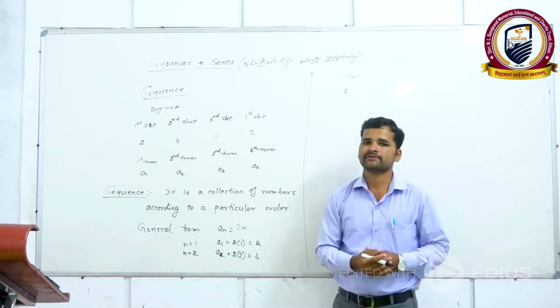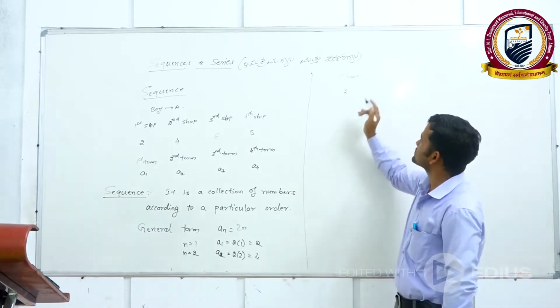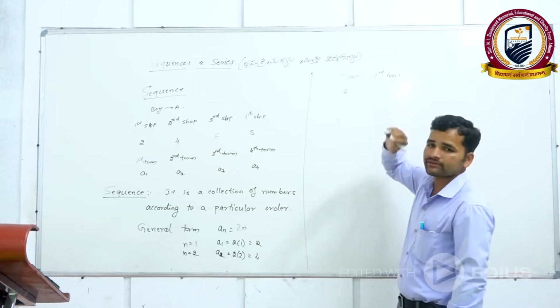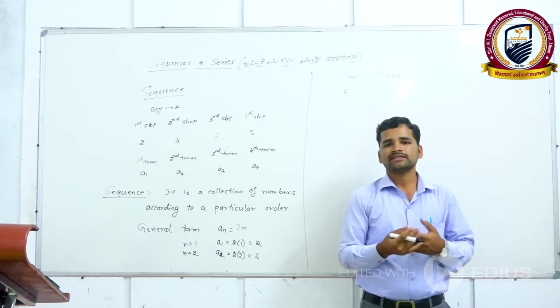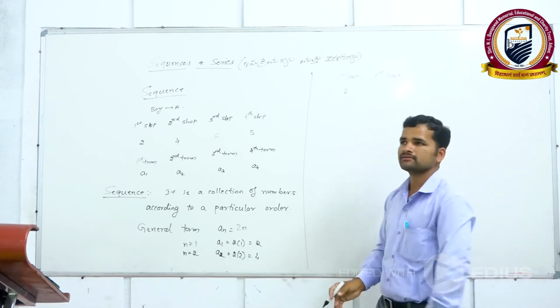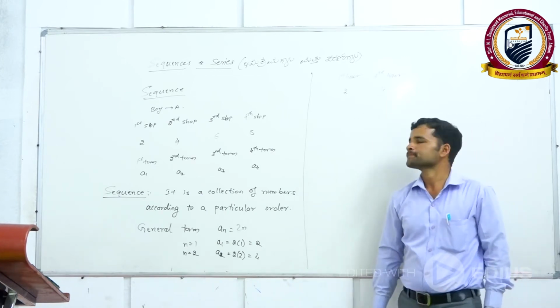If 1 hour completes, and the second hour starts, how many bacteria will be there in the culture, in that medium? 2 get divided into 2, in the sense 2 plus 2, total 4 bacteria will be there.